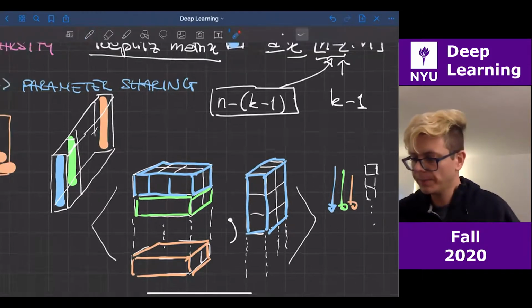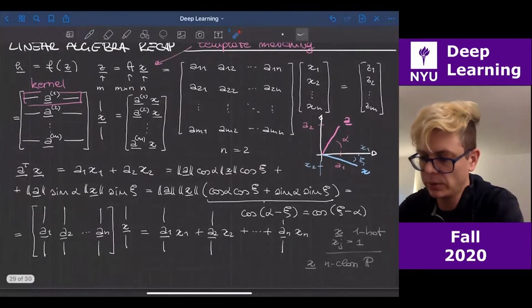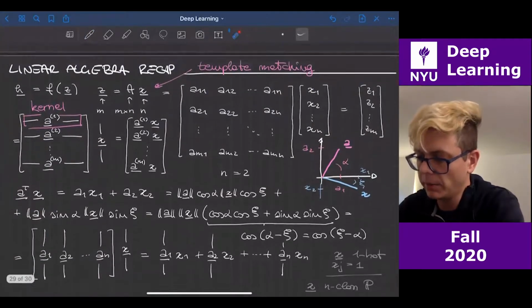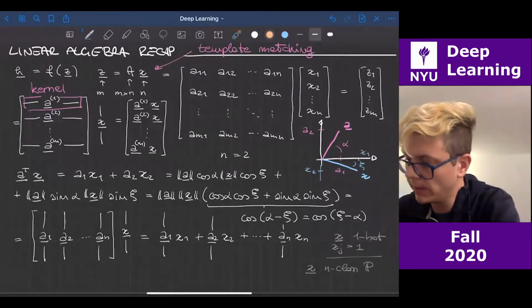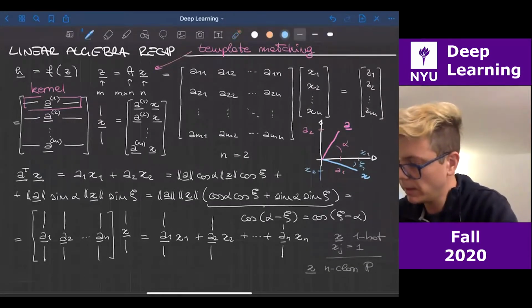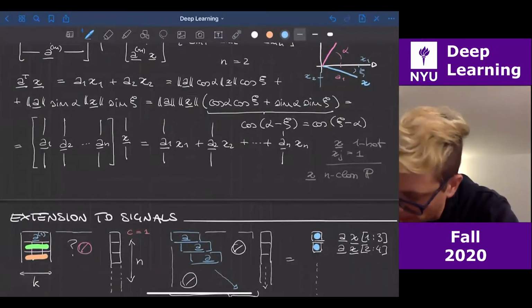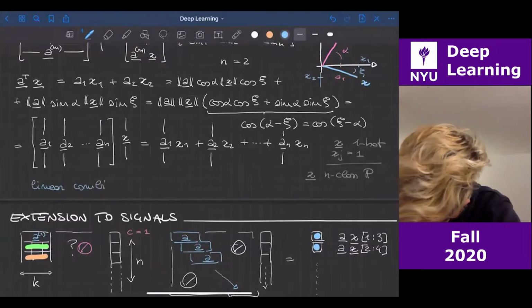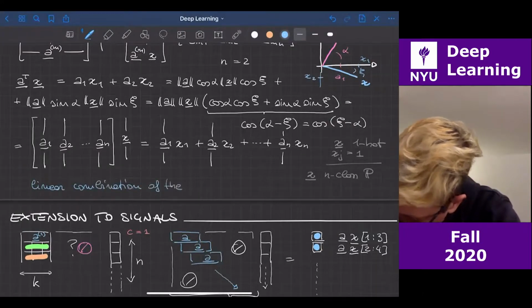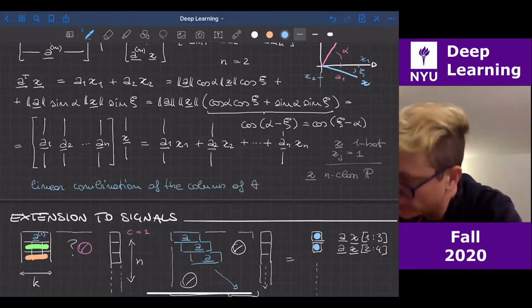So here we started with this matrix, which we saw is like a template matching, or it can be this one, which we didn't even write what it is. This is simply a linear combination of the columns of A, right?